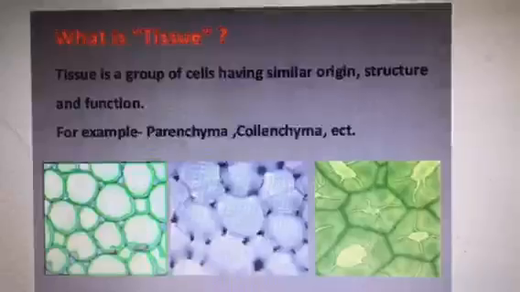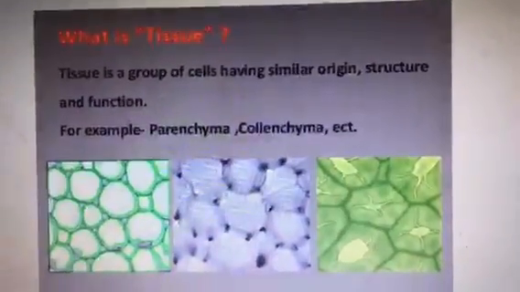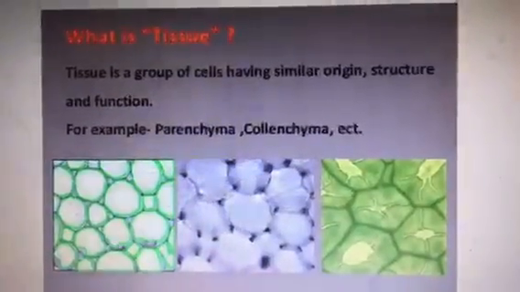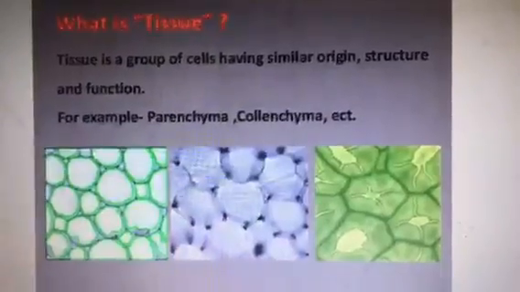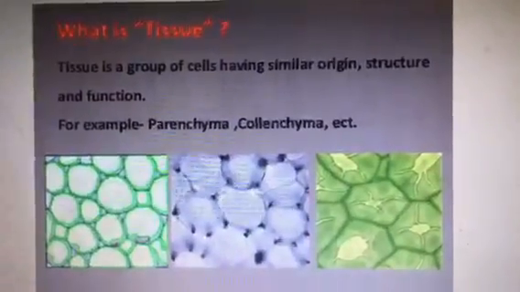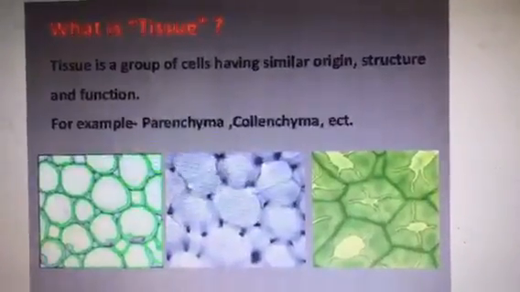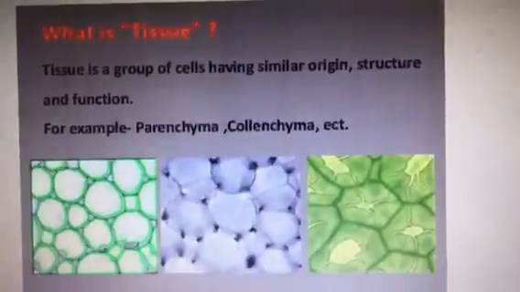Now what is tissue? As I have already told you, tissue is a group of cells having similar origin, structure and function. See what happens in case of plants. Plants are stationary, they don't move, and they have to be upright. They have a large quantity of supportive tissues.